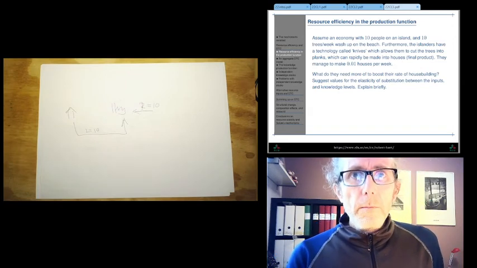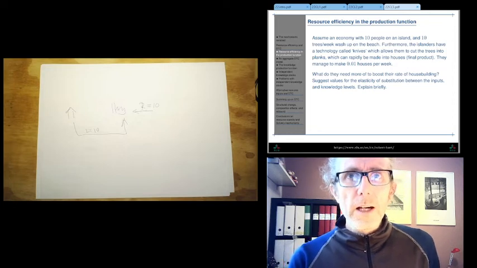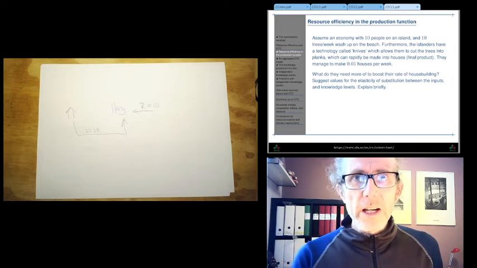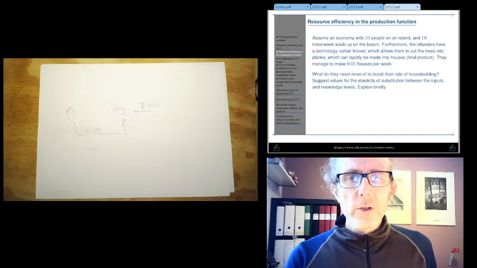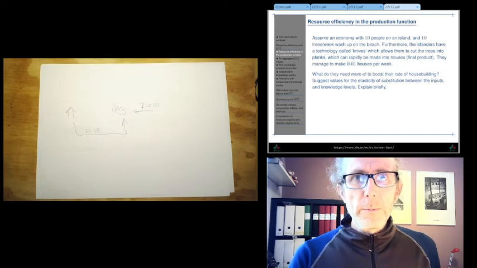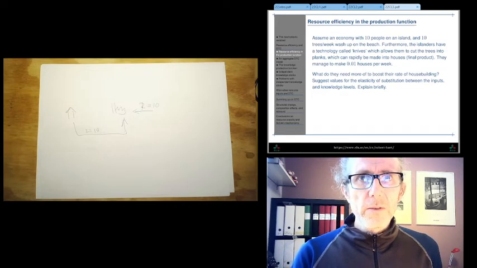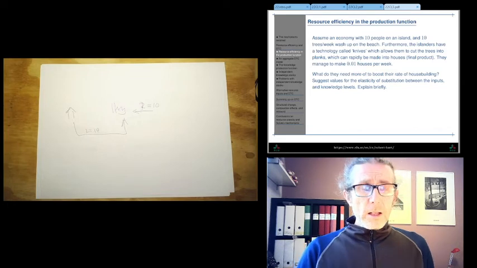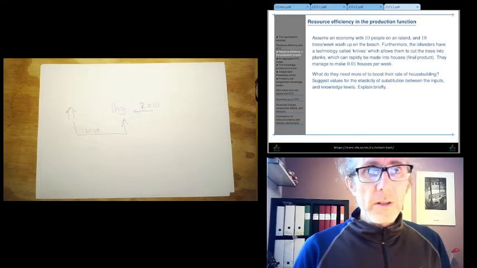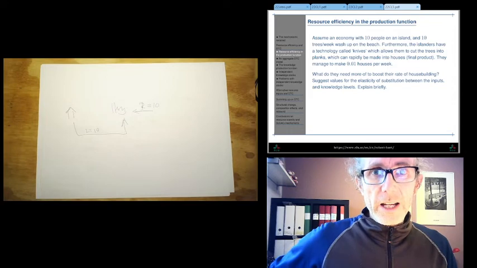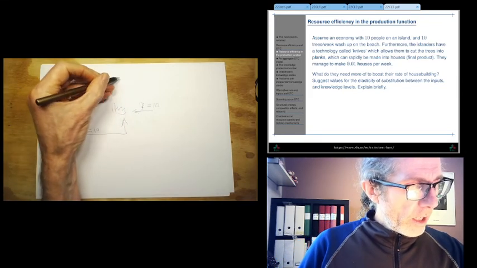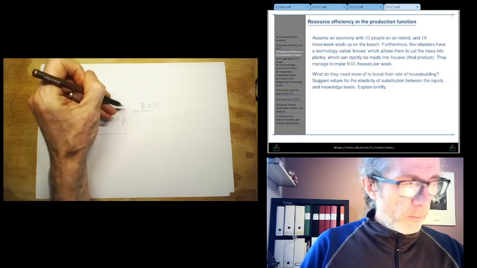Furthermore, the islanders have a technology called knives, which allows them to cut the trees into planks, which can be rapidly made into houses. But we don't model knives as a capital good which actually has to be manufactured.